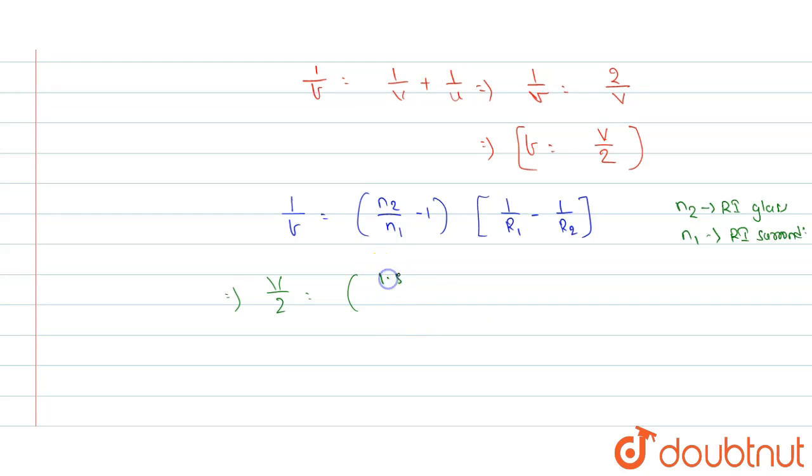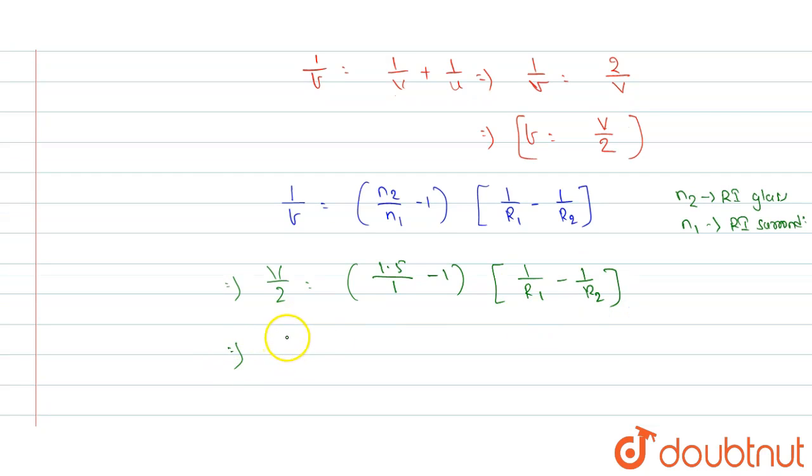N2 is given as 1.5 and N1 is air initially, so this is 1. So 1 divided by R1 minus 1 divided by R2 is equal to 2 divided by V multiplied by 0.5, which is equal to V.